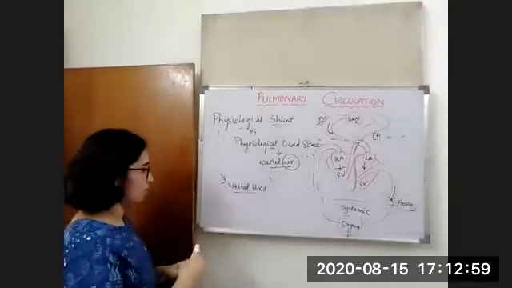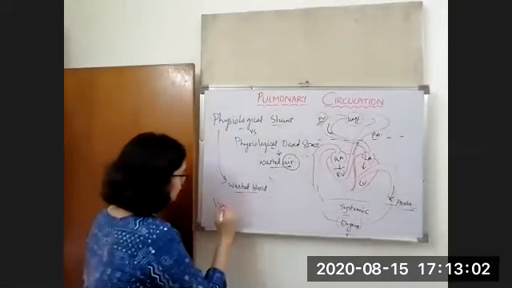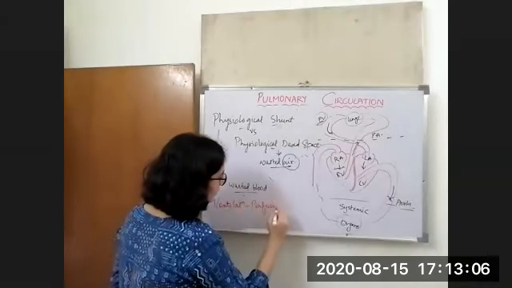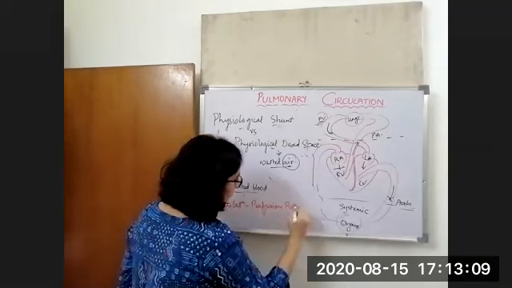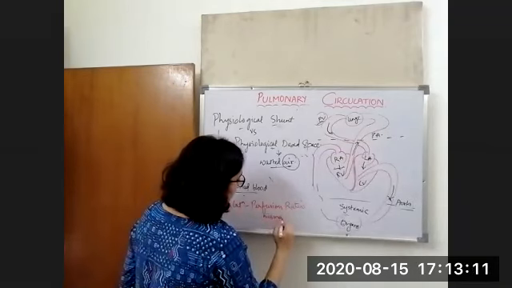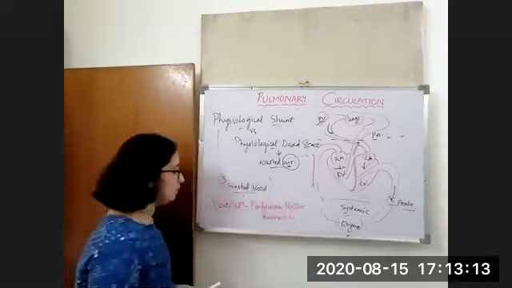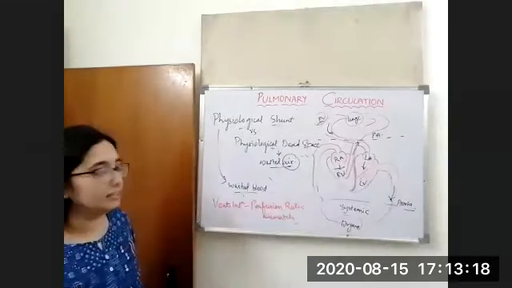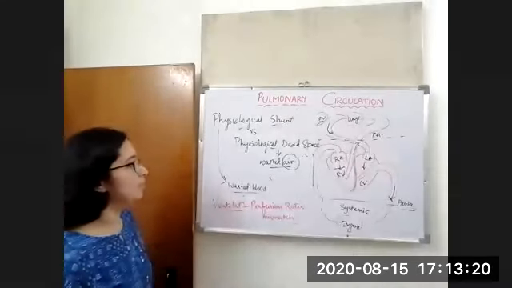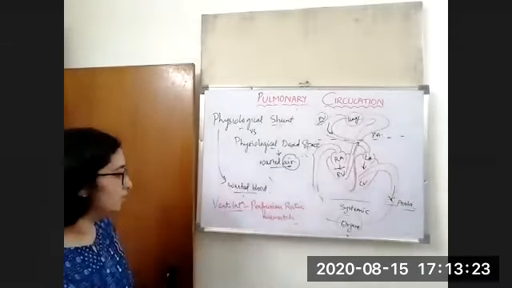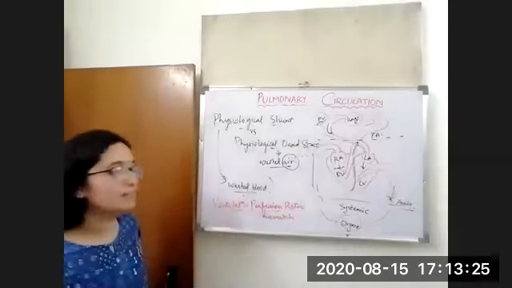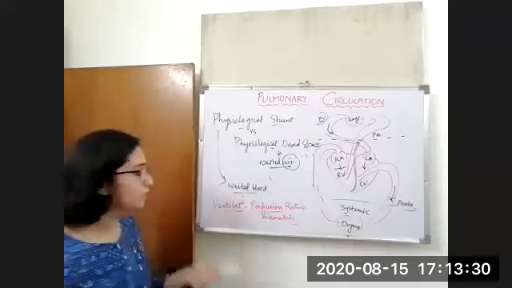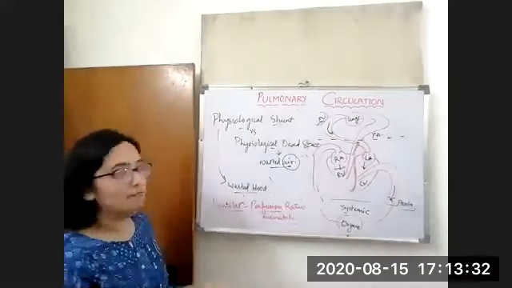This is a little concept: ventilation perfusion ratio mismatch. What is this? Ventilation is nothing but the amount of air which is supplying the blood to oxygenate it, and perfusion is the amount of blood which is supplying the alveoli.